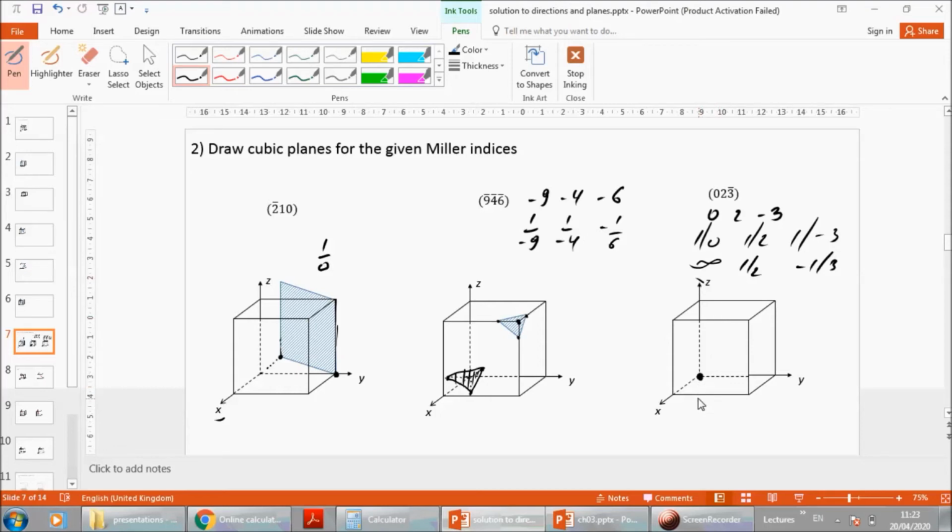So the plane intersects the y-axis at 1/2 over here, and the z-axis at -1/3 here. I will connect these 2 points, and I know that this plane should be parallel to x, so I will extrude this line parallel to x. I will draw 2 parallel lines to x and connect the end points. That's the required plane.